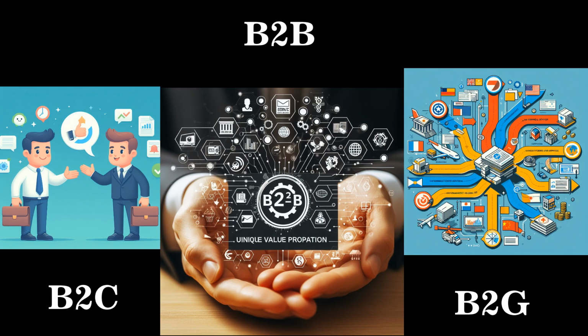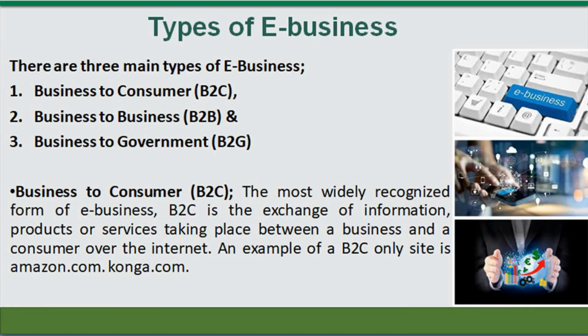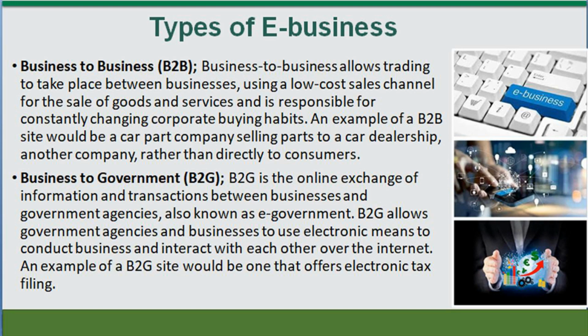Business to customer is the exchange of information and product or services taking place between a business and a customer over the internet. This is the most widely recognized form of e-business. An example of B2C, that is business to customer, website is Amazon.com, or you can also refer to Kunga.com.